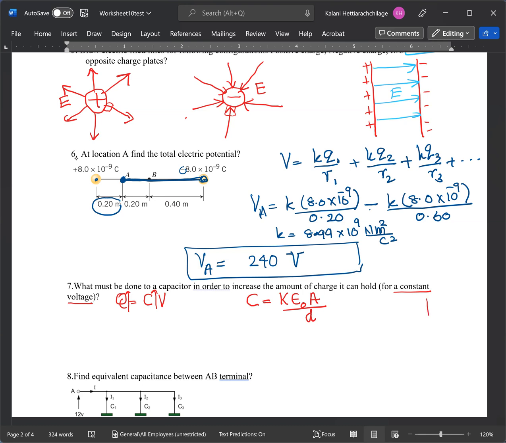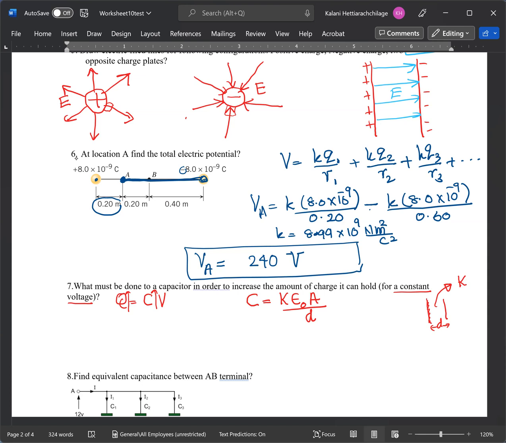If I have a capacitor like this, you take the cross-sectional area and the distance between these two plates, and epsilon naught is the permittivity of air, and K is the insulator material you have inside. We call it the dielectric constant.